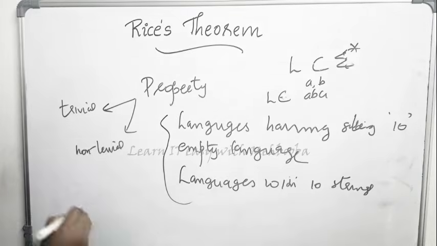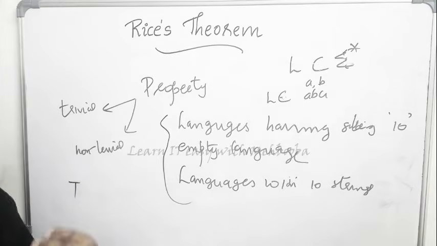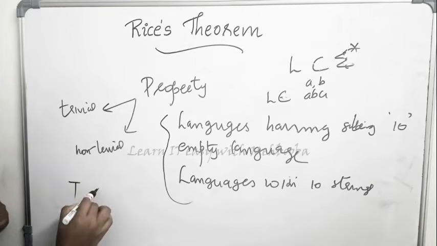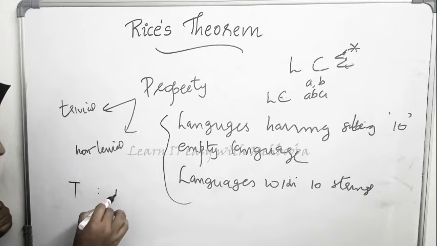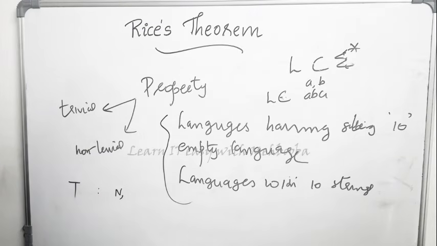That is, you will be having a Turing machine T, and the question is, can you construct a Turing machine T such that when you give an input n to the Turing machine, it can correctly decide whether this language n has the property P or not, where n is a language or a description of another machine n.